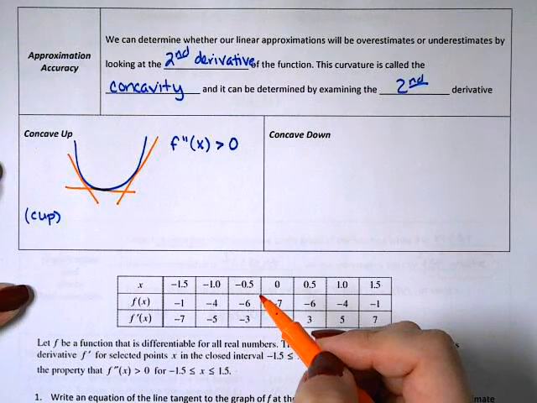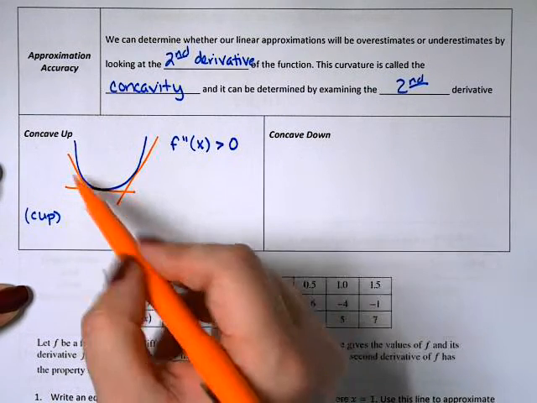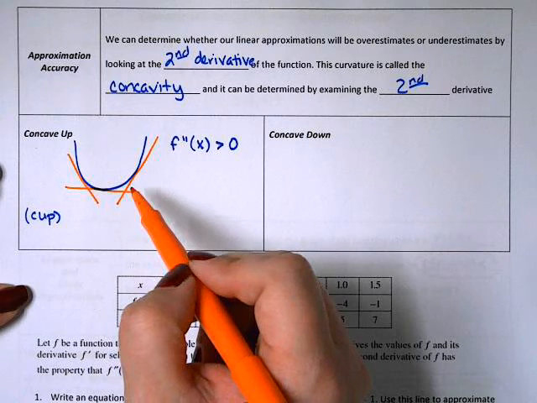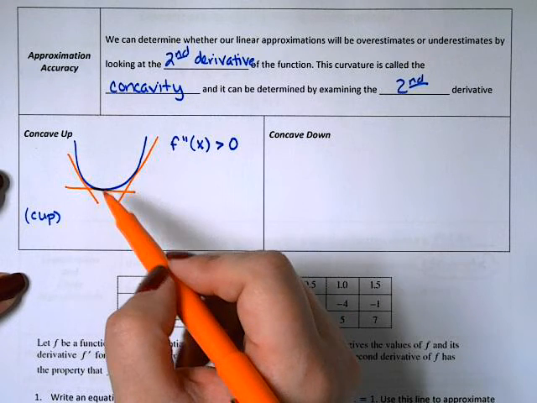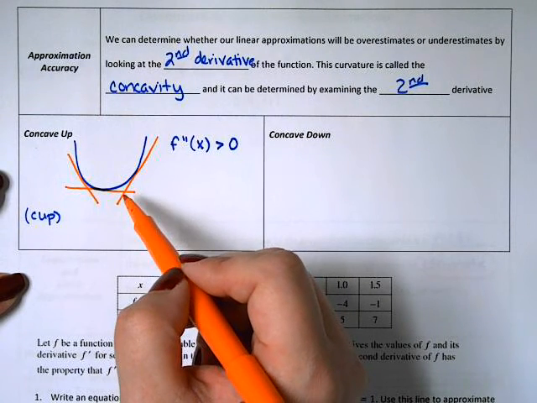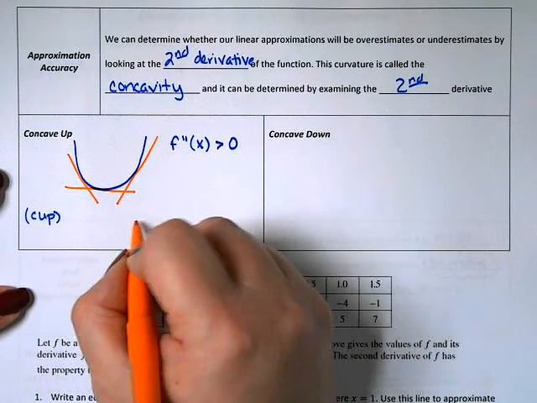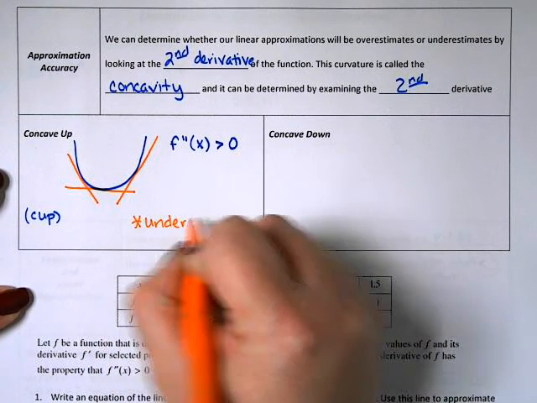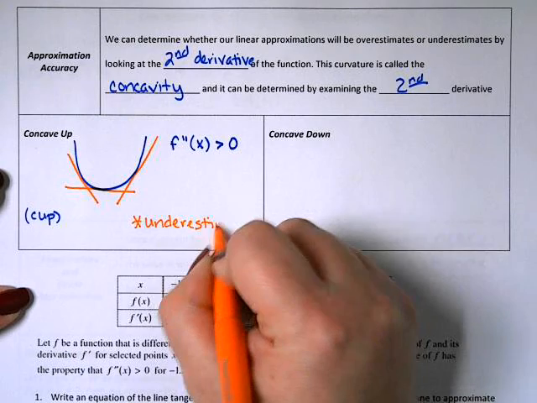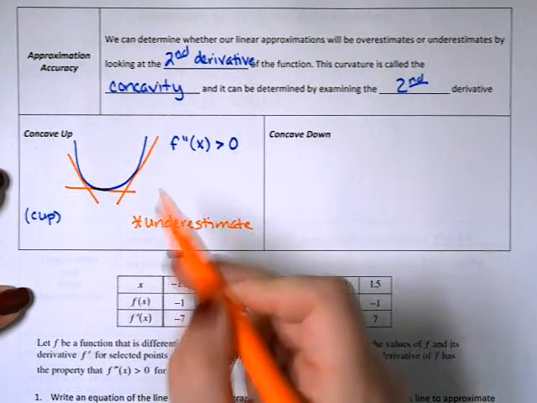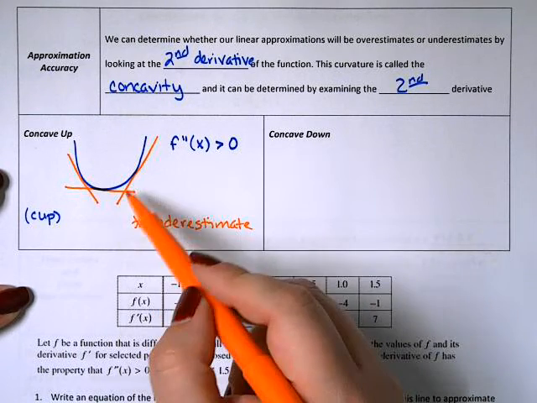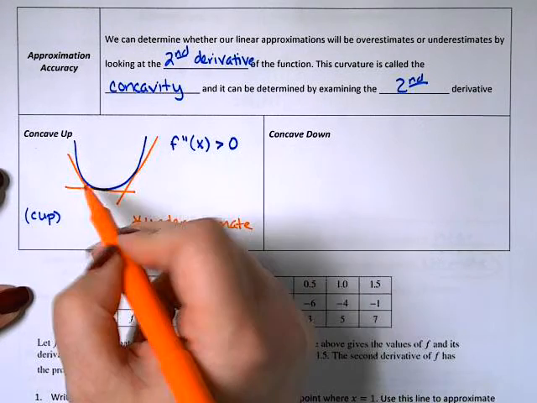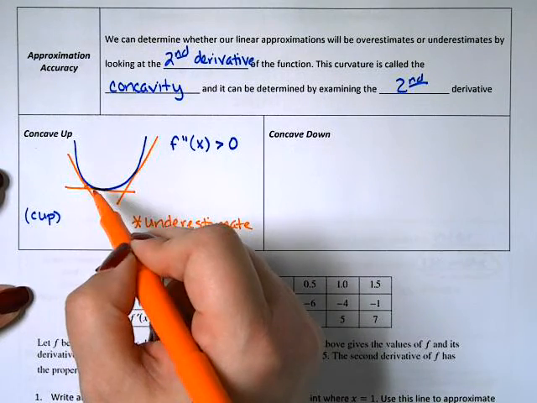Regardless of which one I pick, all of these tangent lines are underneath my actual function, which means anytime I have a function that's concave up and I do a linear approximation, it's going to be an underestimate. Again, this is because that tangent line is underneath my actual function. So any of these values that I'm trying to approximate are actually under the real value.